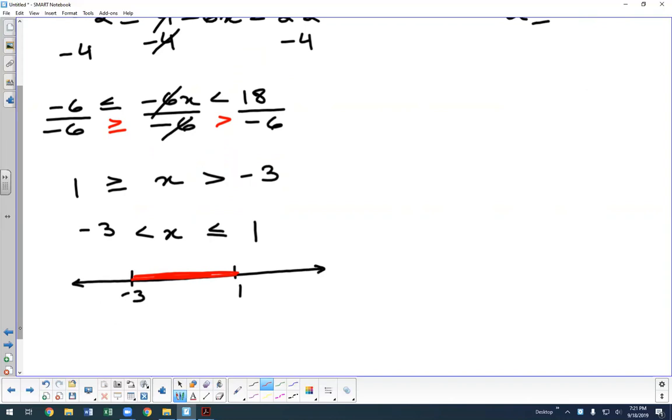Parentheses, because this is a strictly less than symbol. On 1? Bracket, because I have less than or equal to, so that will become a bracket. So what's the interval notation? Parentheses -3, comma 1 bracket.